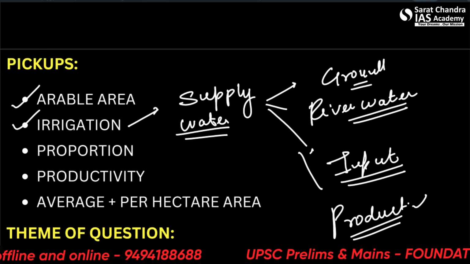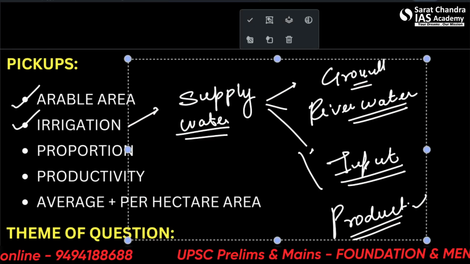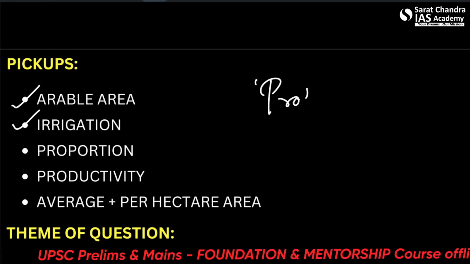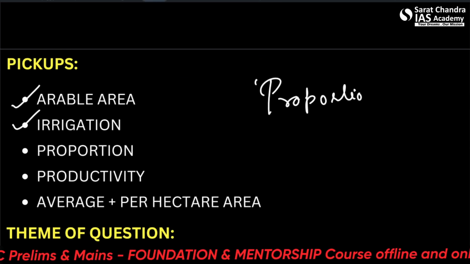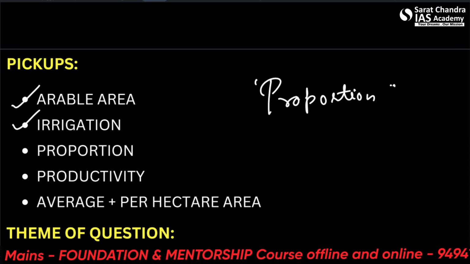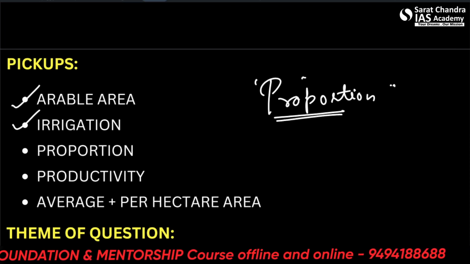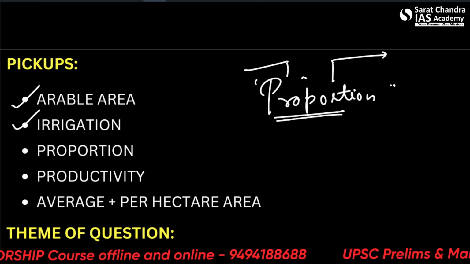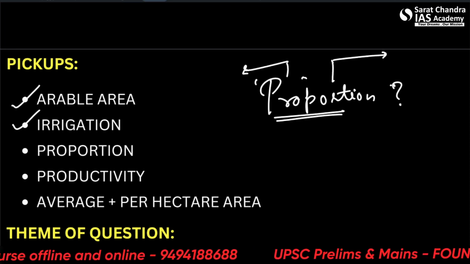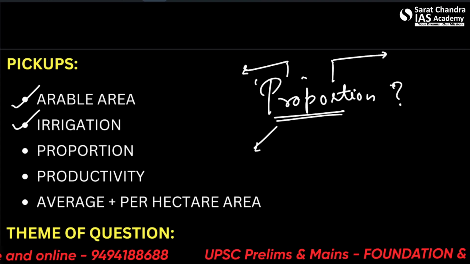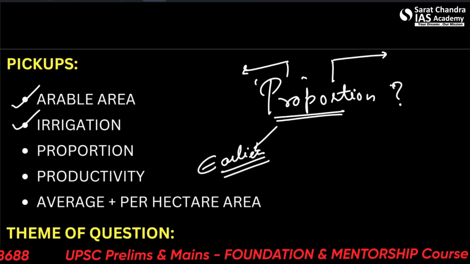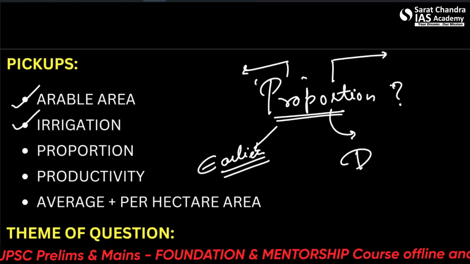The third word that it mentions is proportion. The meaning of proportion is rather important for us to know, because it does not talk about the portion directly, it talks about the proportion. So what is proportion? Pro means earlier, and portion means to divide.